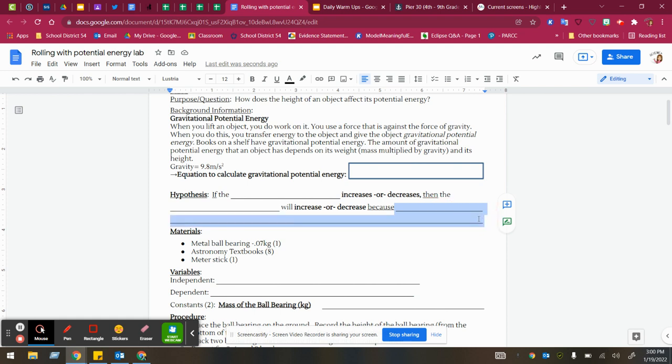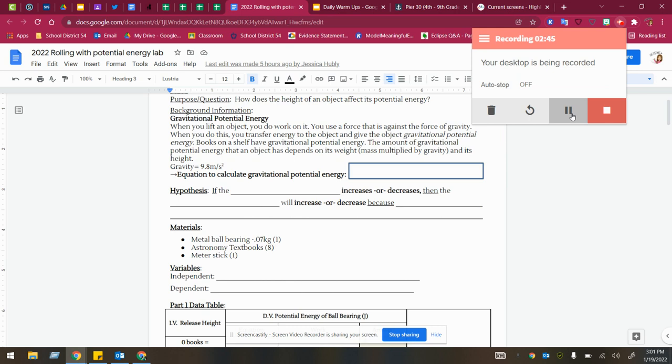Think of your because like text evidence. Go into the background information section about gravitational potential energy and try and find some text evidence that supports your hypothesis. What do you think will happen when the independent variable is changed? What will then happen to the dependent variable?